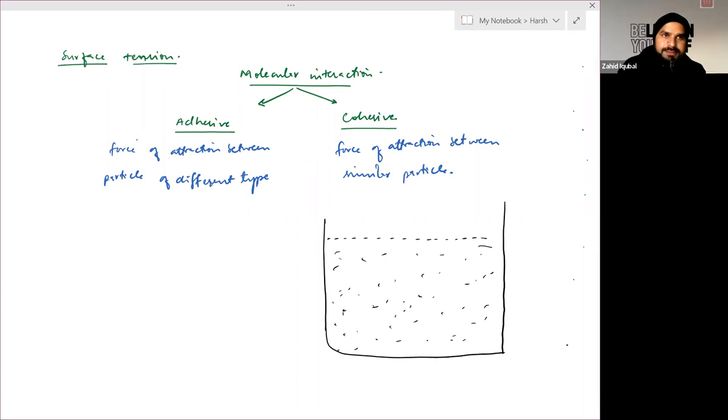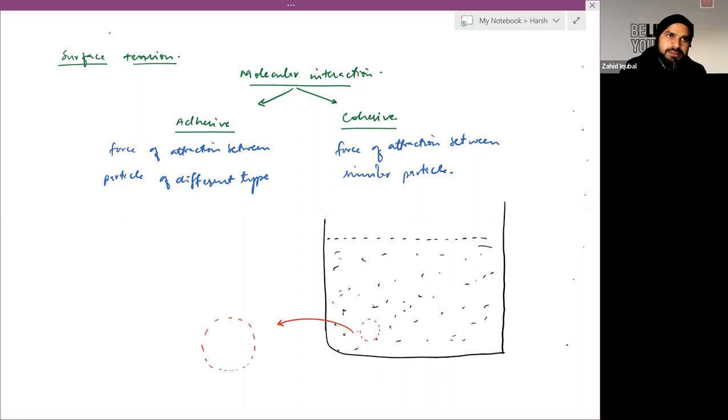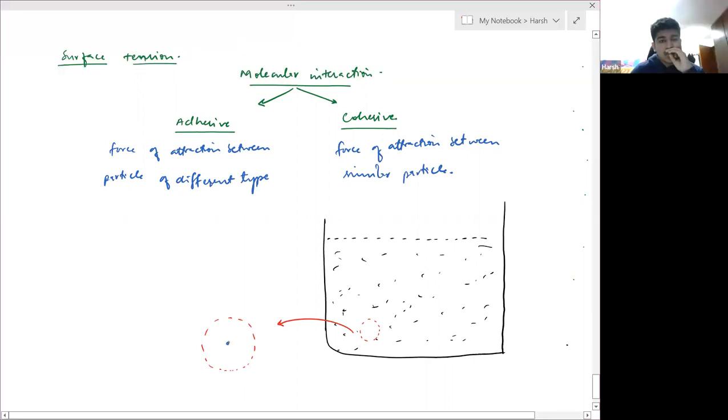So at any instant, let's say at this point, if you assume any cross section, in which suppose there is a particle of liquid at its center, surrounded by particles at its neighboring edges, and so on.